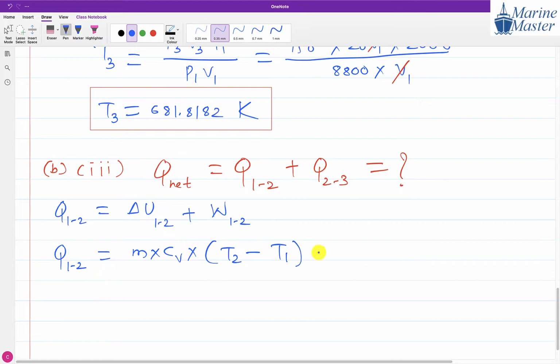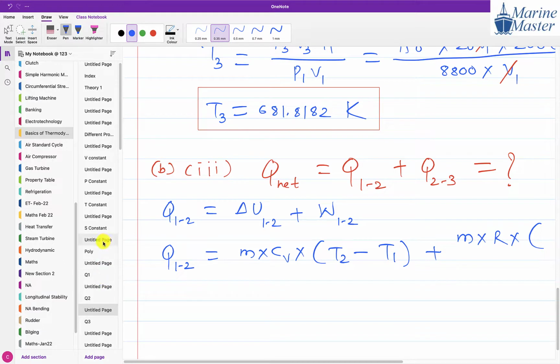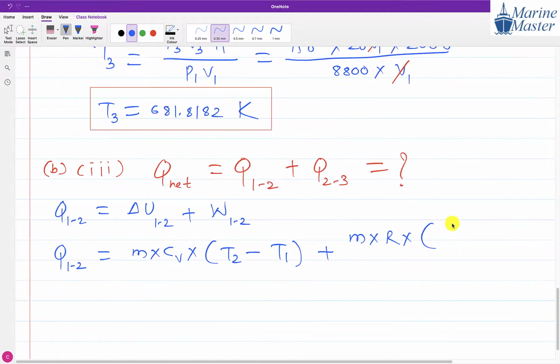And W 1 to 2 for a polytropic process will be m R (T1 minus T2) divided by (n minus 1). See, for work done here it is T1 minus T2, divided by n minus 1.